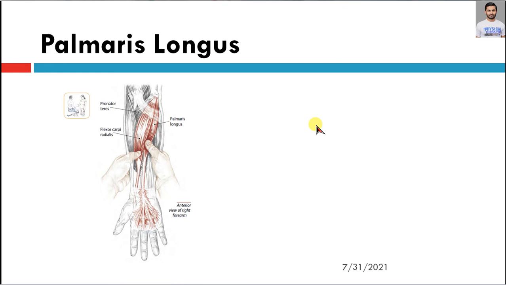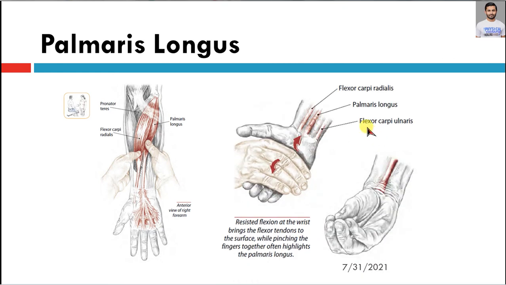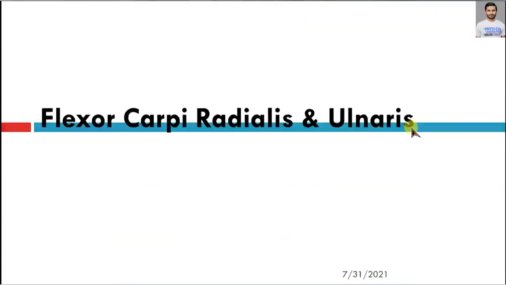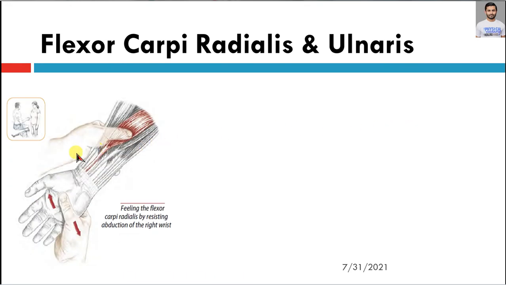For the palmaris longus, you can resist the flexion of the wrist, and it helps you differentiate between the palmaris longus and flexor carpi radialis and flexor carpi ulnaris. In flexion, if you perform ulnar and radial deviation, the flexor carpi radialis is towards the lateral side, and the flexor carpi ulnaris is towards the medial side, and in between these two is sandwiched the palmaris longus.